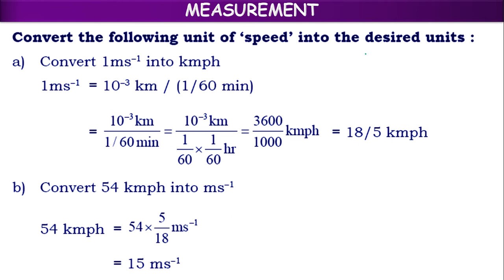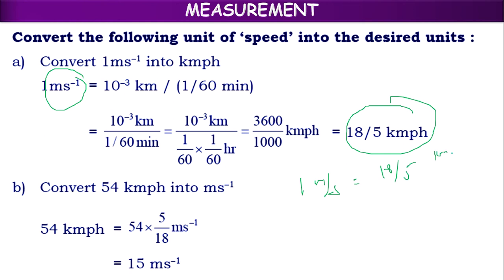So answer 18 by 5 kmph. So 1 meter per second equal to 18 by 5 kmph. Or 1 kmph equal to reverse, 5 by 18 meter per second.